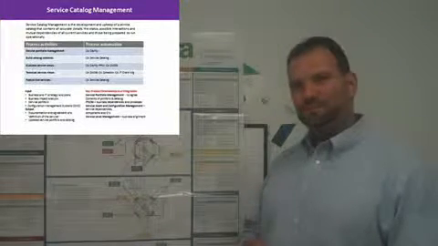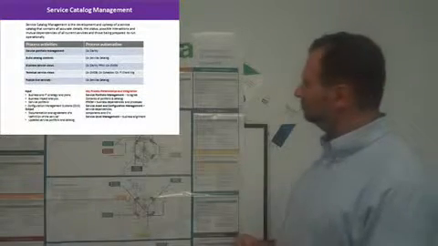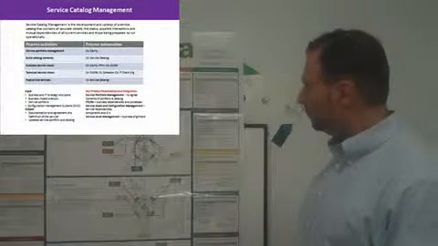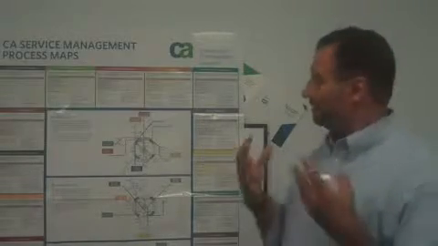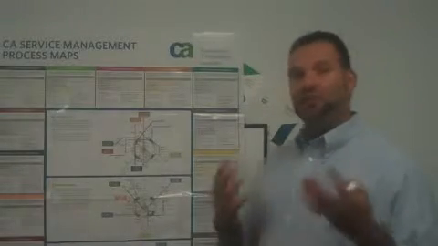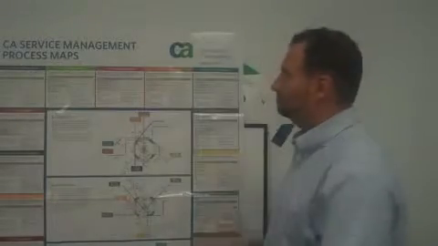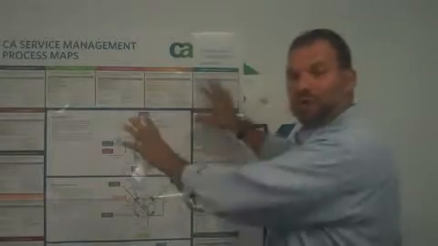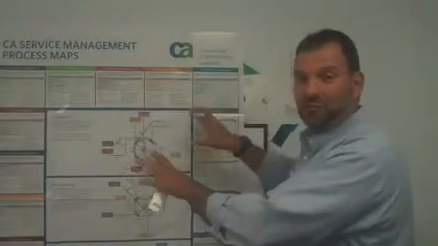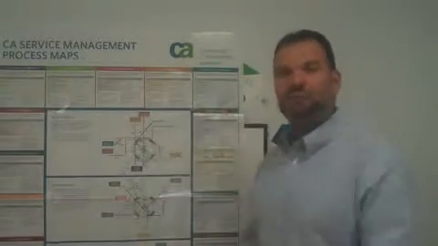So can I go further? One of those boxes there, I've got a lot of information on service catalog. Is there something more? Or is that it? Well, there's always something more. The key is we wanted to give you enough information so that you can have a discussion. I mean, the purpose of this poster is really for most companies to take it, put it up on their wall in a conference room, and have a discussion for how they would map into some of these processes.